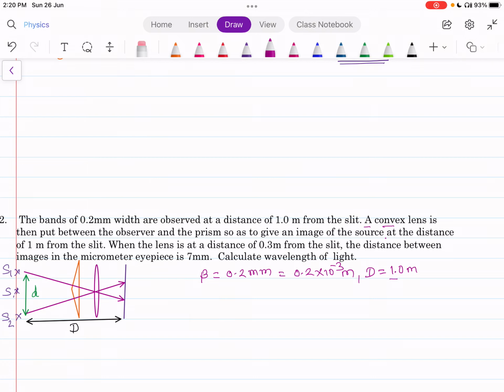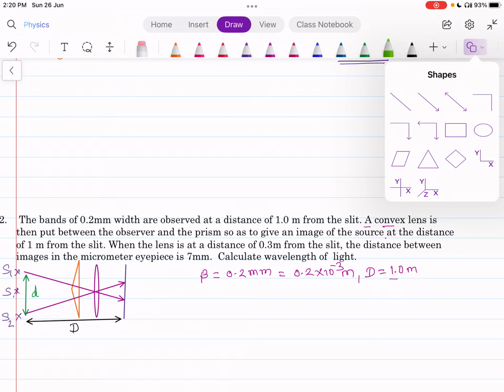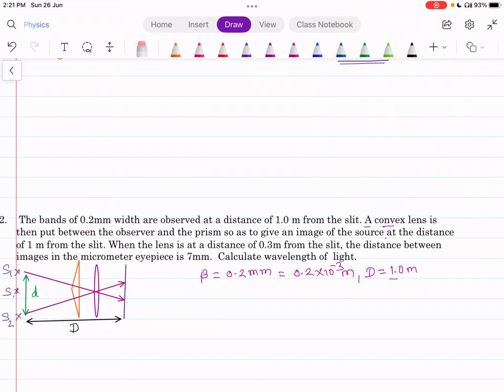When the lens is at a distance of 0.3 meter from the slit, we know that the distance between the source and the lens we denote by letter U, and the distance between the lens and the screen is denoted by V. And in this case, the lens is at a distance of 0.3 meter from the slit.